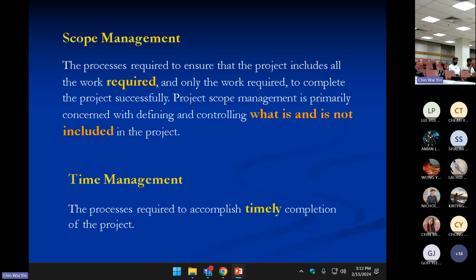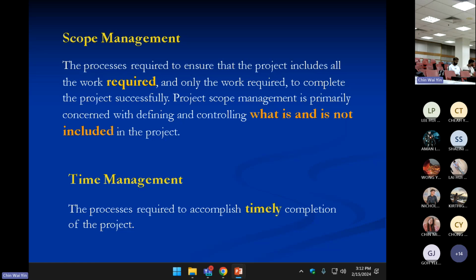What is scope management? Scope management is basically managing the processes required to ensure that the project includes all the work required, and only the work required. It includes defining what is part of the project and what is not part of the project.